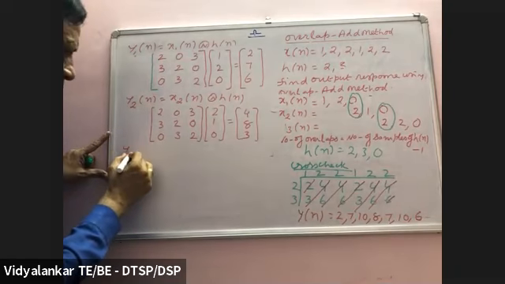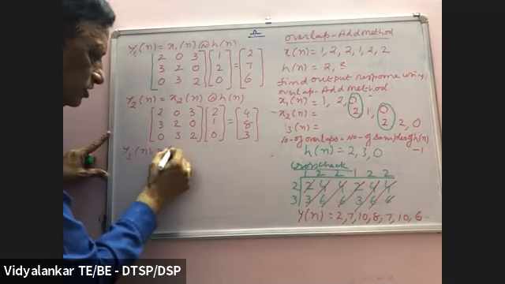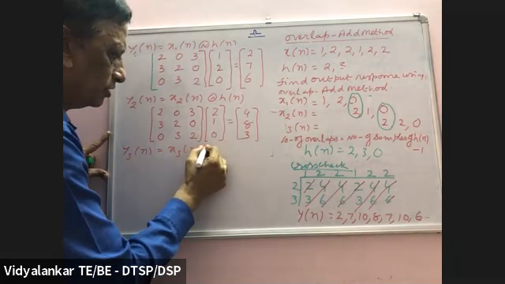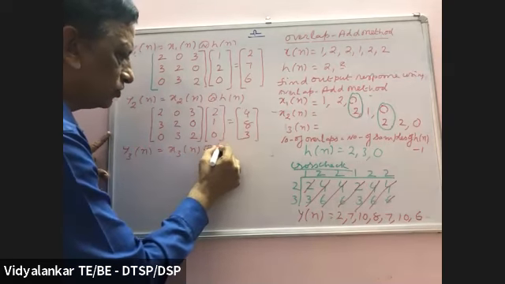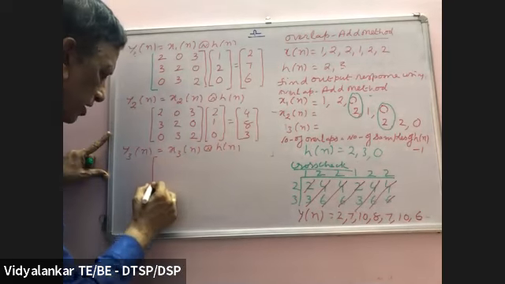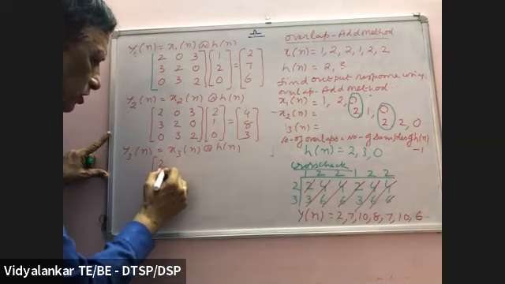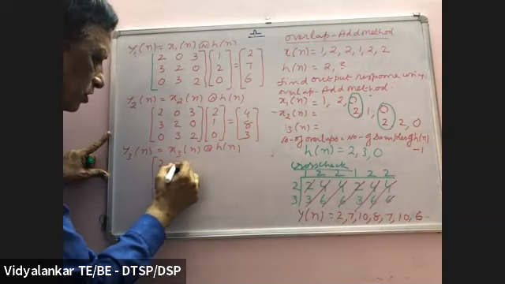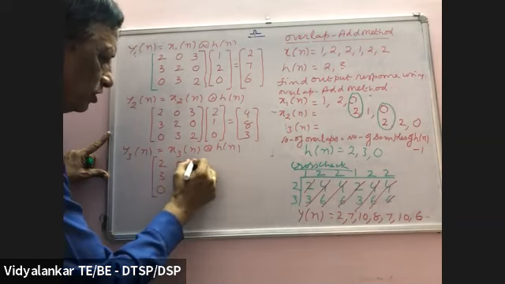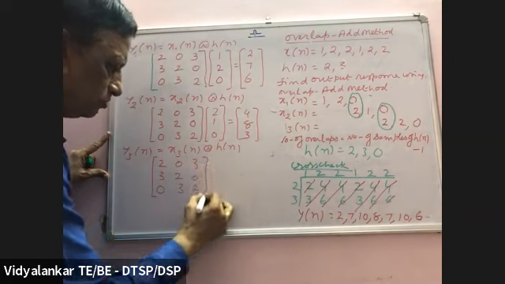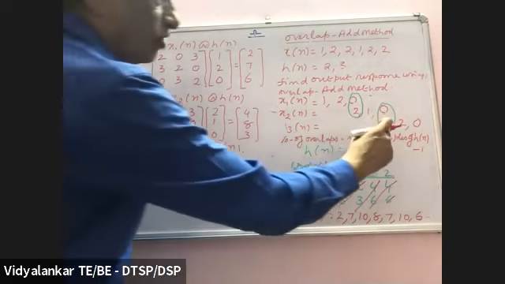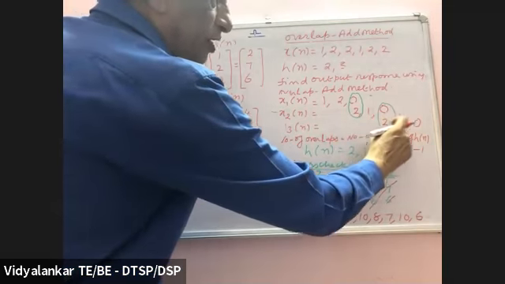And the last, y3[n], which is nothing but x3[n] circularly convolved with h[n]. Again, h[n] remains the same: 2 3 0, 0 2 3, 3 0 2. This is multiplied by x3[n]. What is x3[n]? 2 2 0.